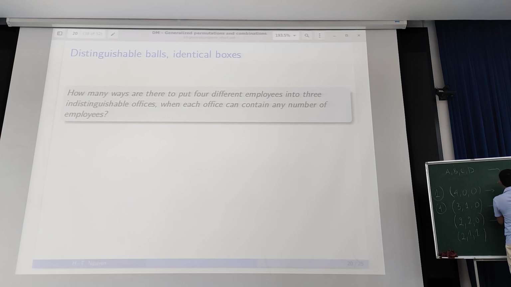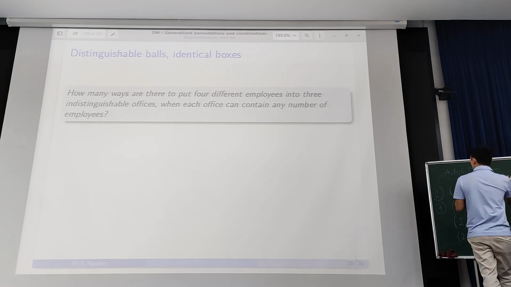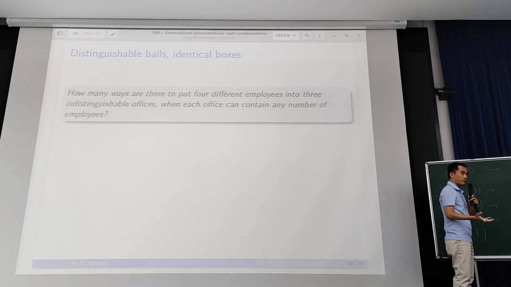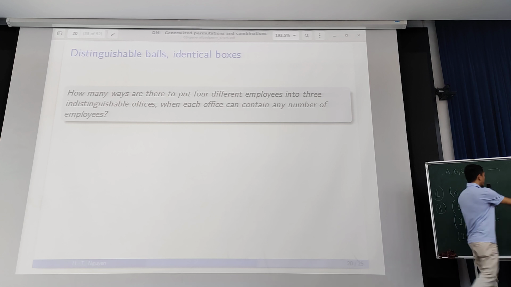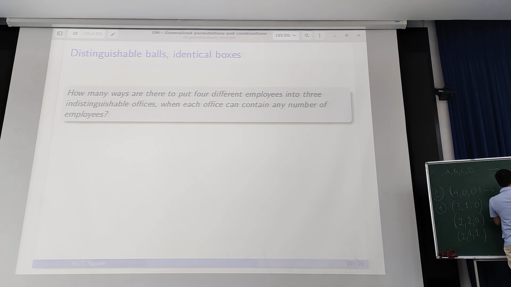Because if you count in the normal way, then you have, for example, A, B, C, D here. But it is here that the fact that the offices are the same will be taken into account. So if you count 6, that means that you have distinguished these 2 cases.